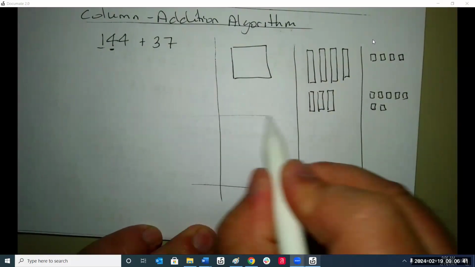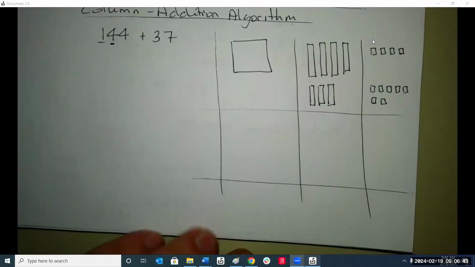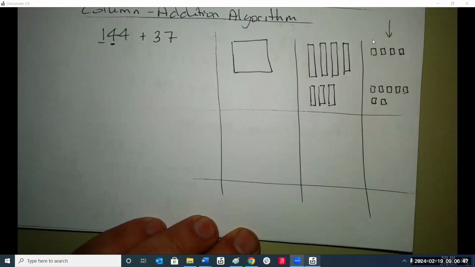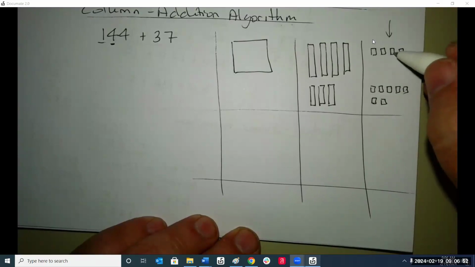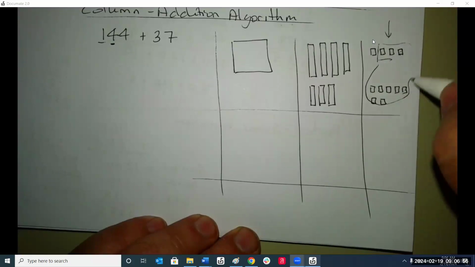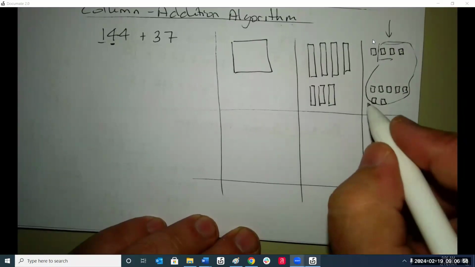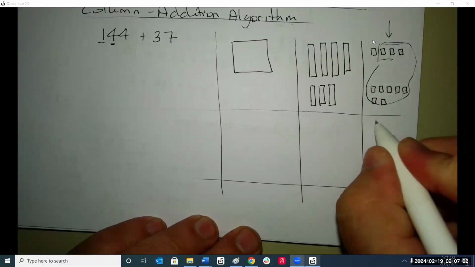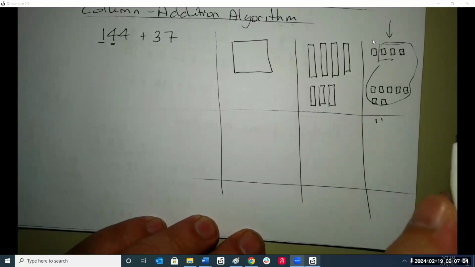So first, we add the ones column and the tens column. So 1, 2, 3, 4, 5, 6, 7, 8, 9, 10. So these equal a long. So we have 11 blocks.